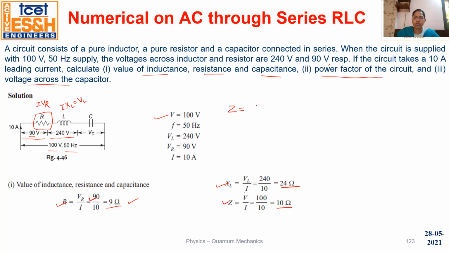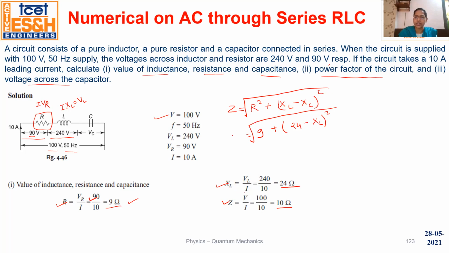So what is the formula for it? Z is equal to square root of R square plus XL minus XC square. We have R 9, we have XL 24, minus XC, square root, and Z is also equal to 10.